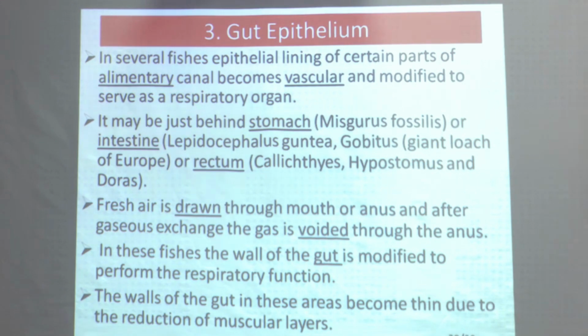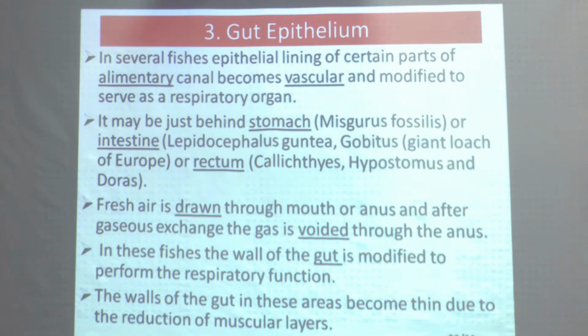So, in several fishes, the epithelial lining of certain parts of the alimentary canal becomes vascular and modified to serve as a respiratory organ. It may be just behind the stomach. For example, in Misgurnus fossilis, the vascularity is present just behind the stomach, or in the intestine, or it is also found in the rectum.